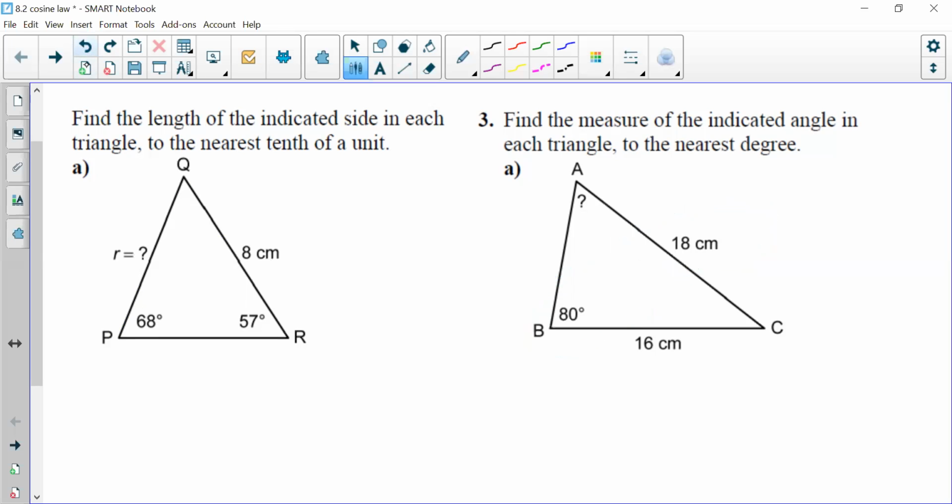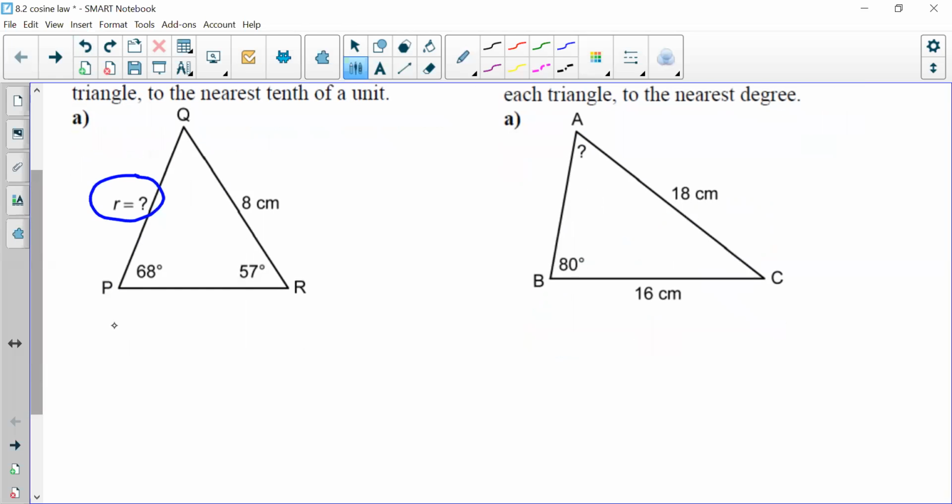Then you need to ask yourself, am I solving for a side or an angle? Because the formula is just inverted depending on what you're looking for. So for question A, am I solving for a side or an angle? A side. Perfect. So it's telling me I'm looking for R. It also says here in my instructions that I'm looking for a side. So I want my sides in the top.